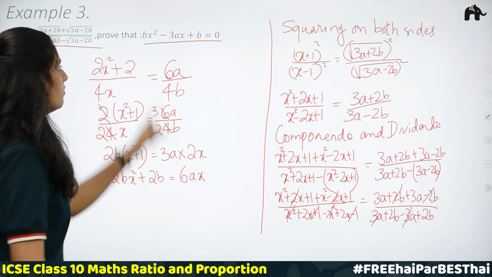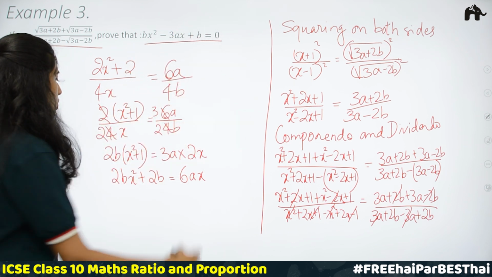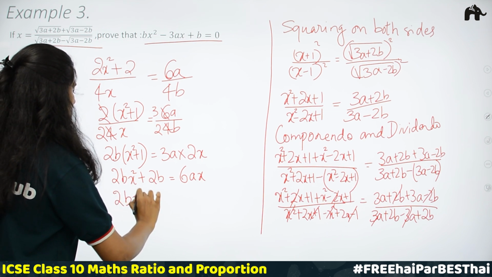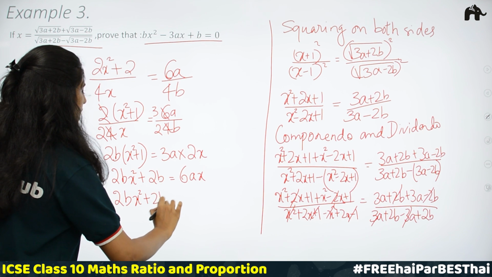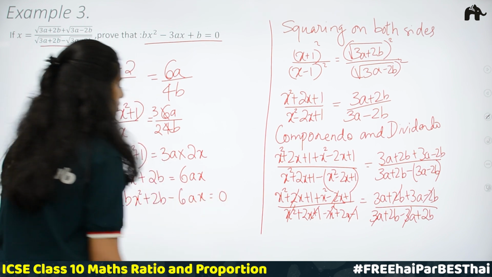What do we need? We need bx square minus 3ax plus b is equal to 0. Taking this to the opposite side, we get 2bx square plus 2b minus 6ax is equal to 0.